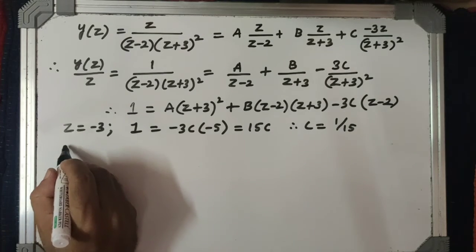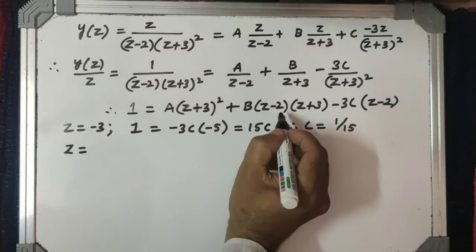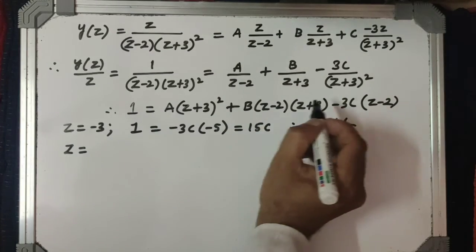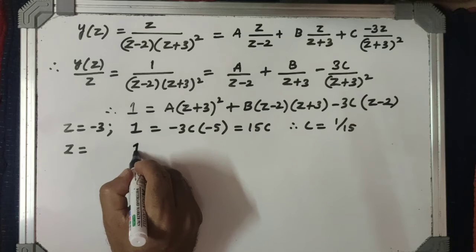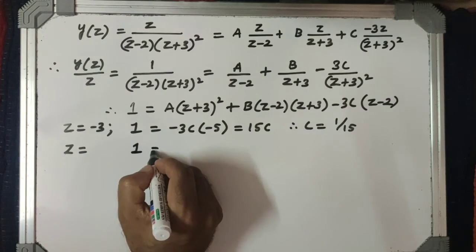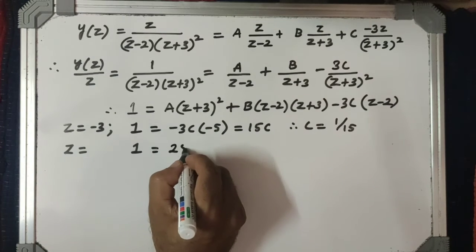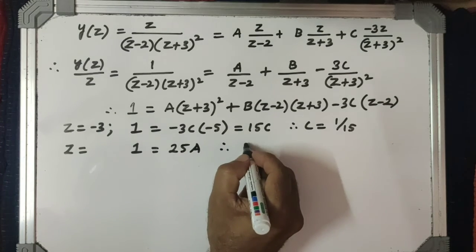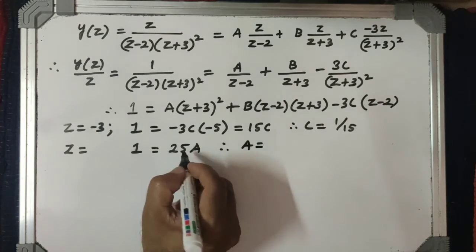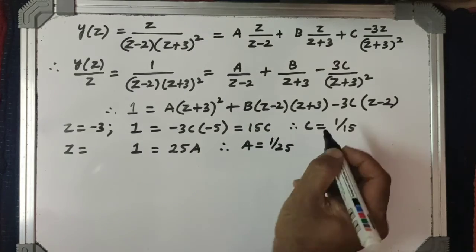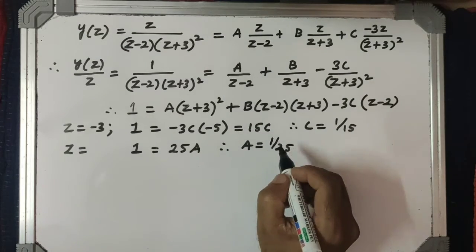Similarly, if you substitute Z equal to 2, these two terms will be 0, so you will find on the left hand side 1, which is equal to (2 plus 3) squared, 25A. So therefore A is equal to 1 by 25. So C is 1 by 15, A is 1 by 25.